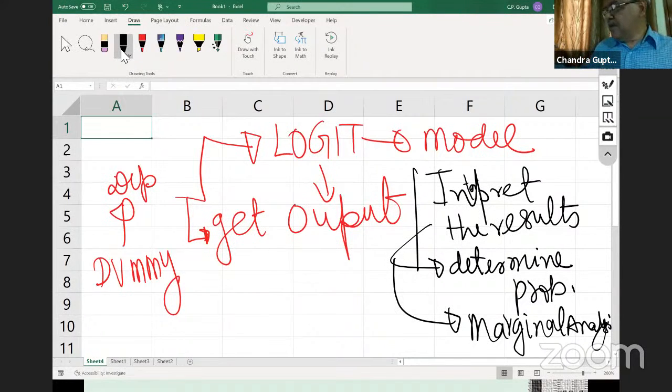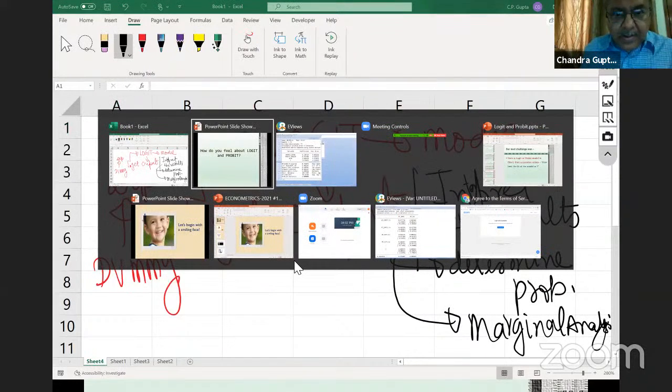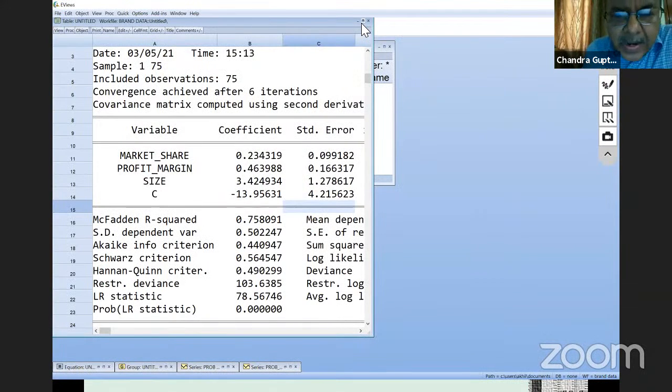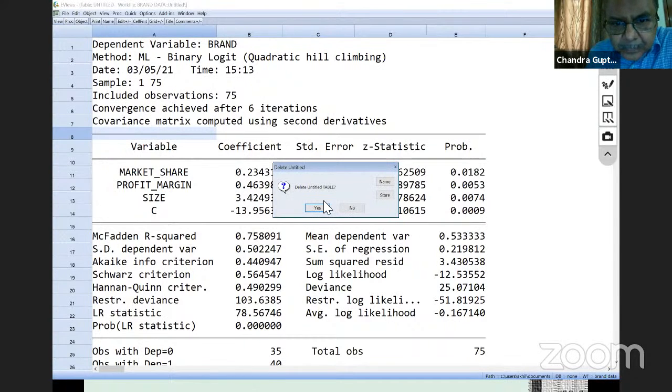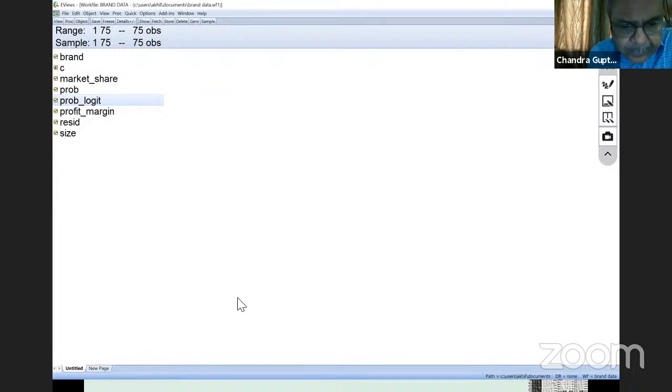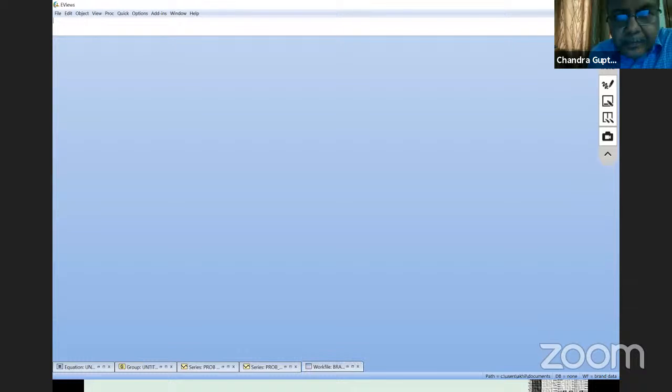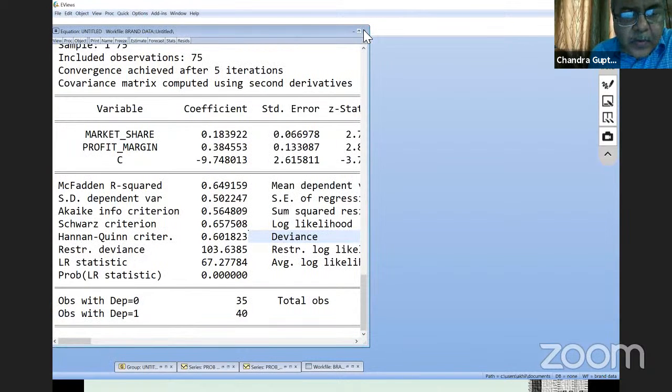And one more thing we have missed so far: how to know the success rate in our model. So if you want to find out the success rate, that's the equation we have.